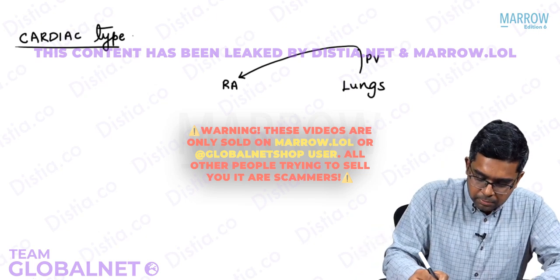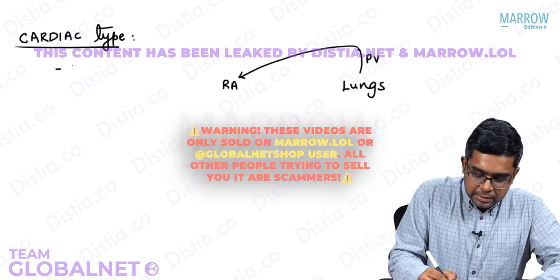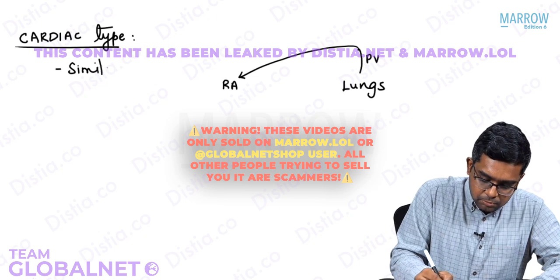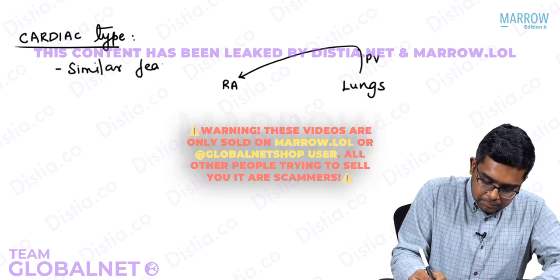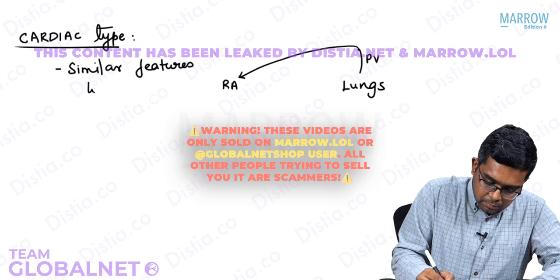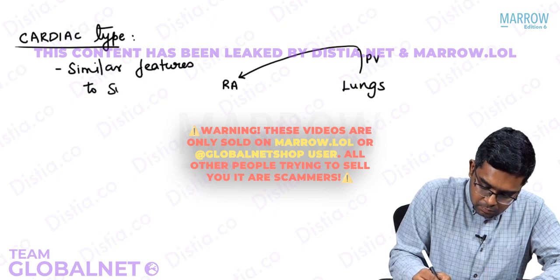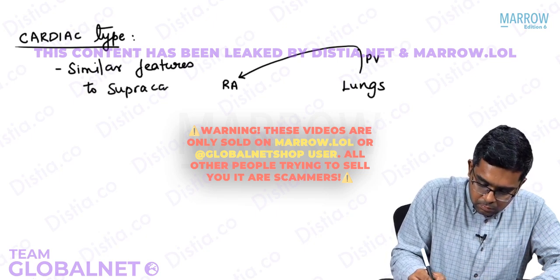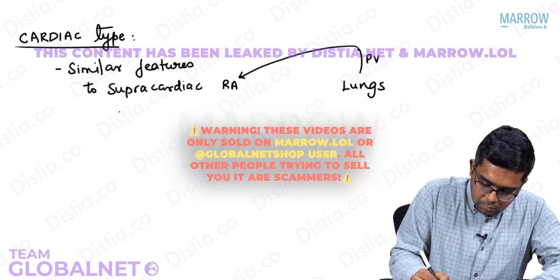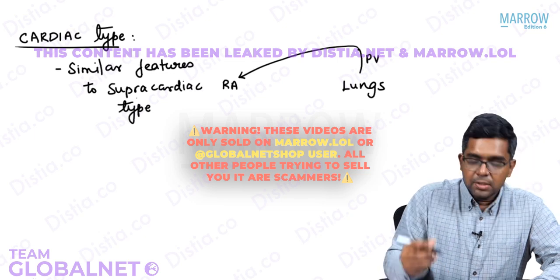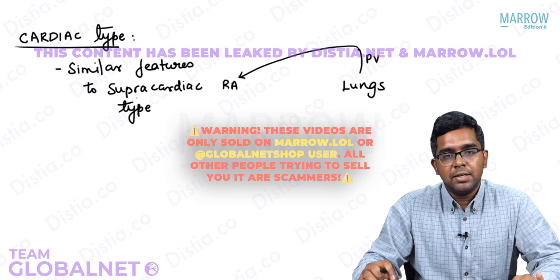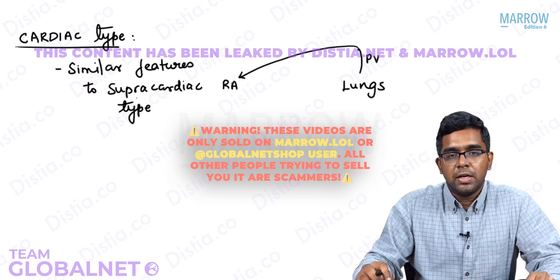So what are the points to be noted? This will also have similar features to the supracardiac type. What are the features? Quickly recollect. They will have mild cyanosis. They will have features of congestive cardiac failure.